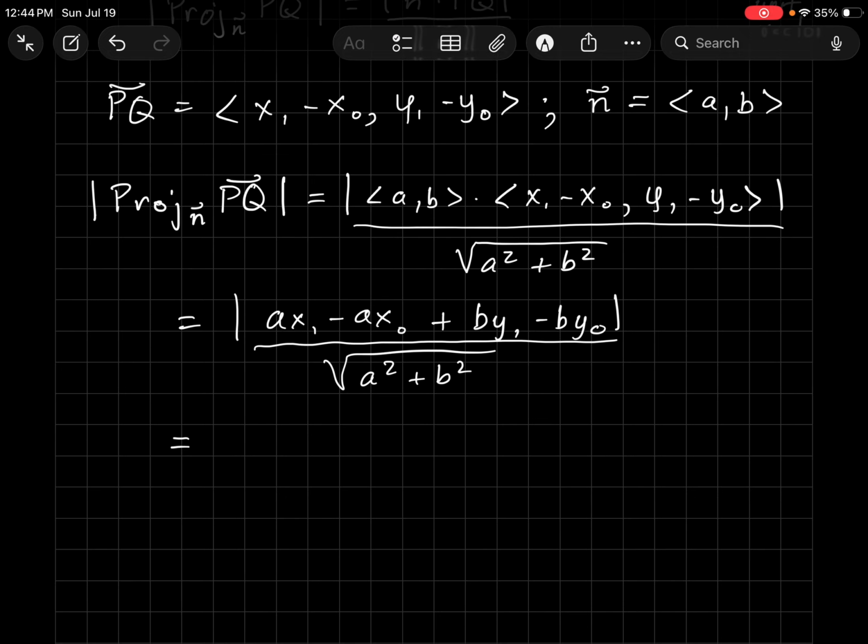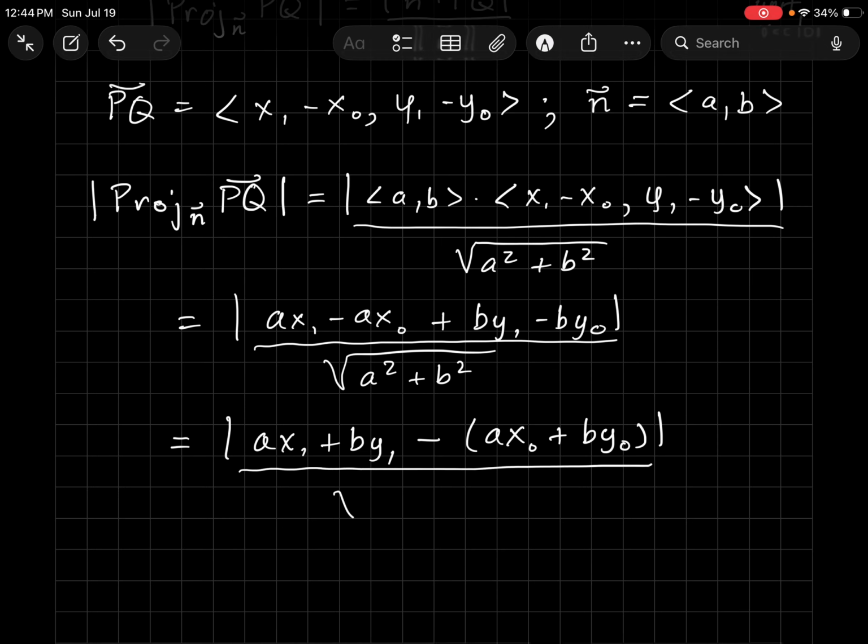Let's rearrange the top slightly. I can write as ax1 plus by1, and then minus ax naught plus by naught, in parentheses there, over the square root of a squared plus b squared.